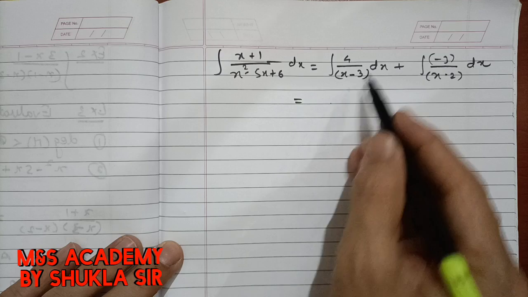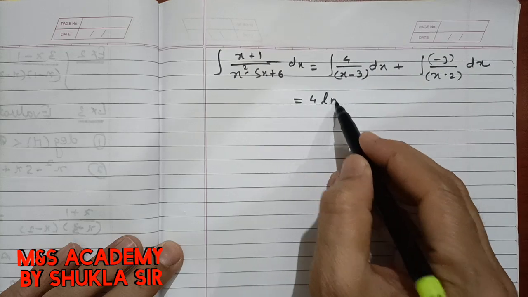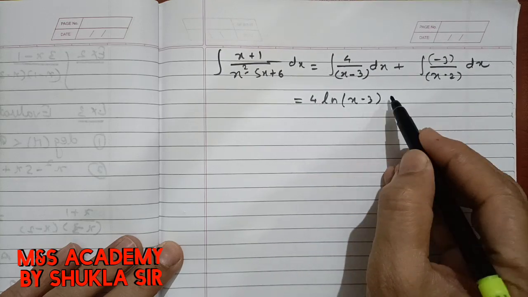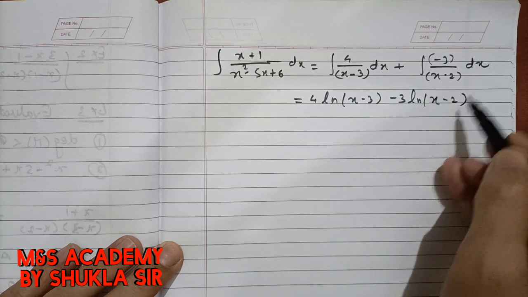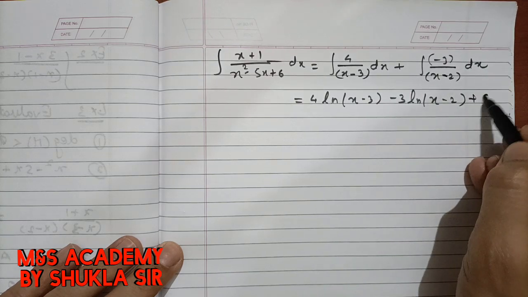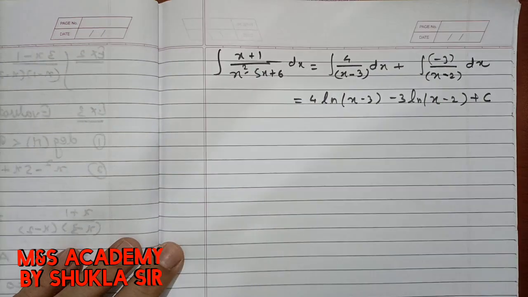So this is, 4 is constant, and then 4 ln|x - 3| minus 3 is constant, 3 ln|x - 2| plus C. So this is the integration of this.